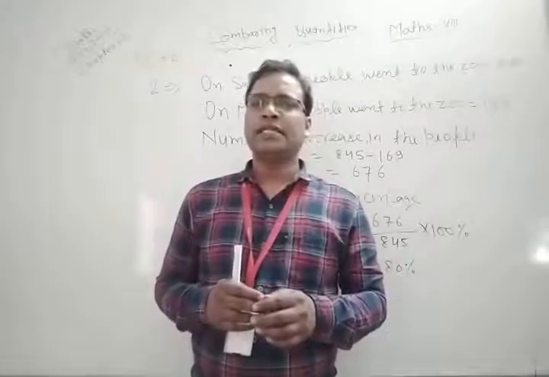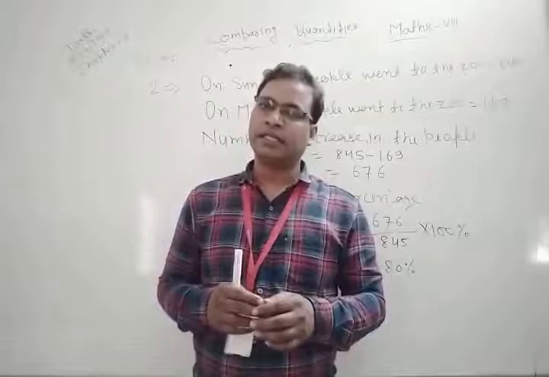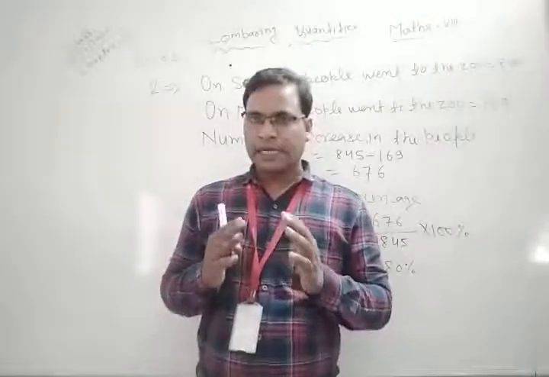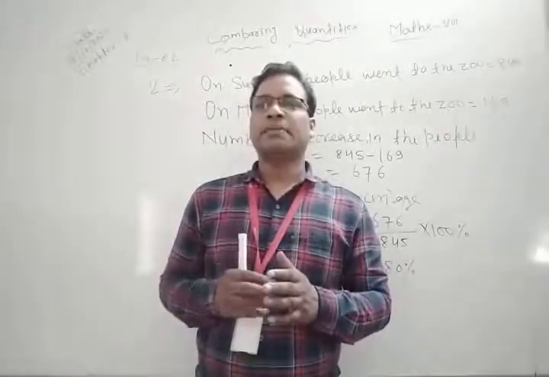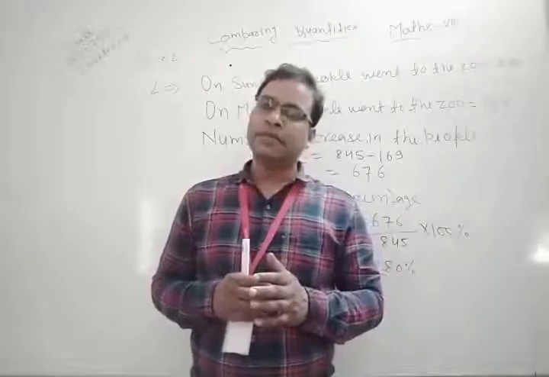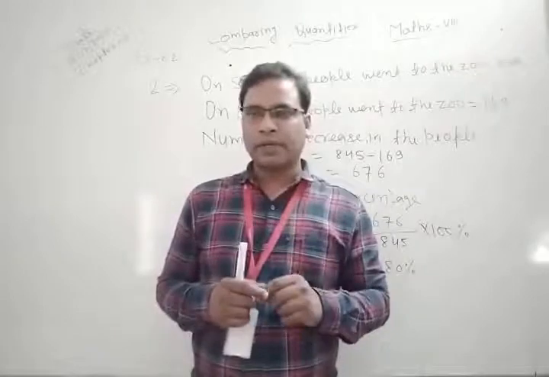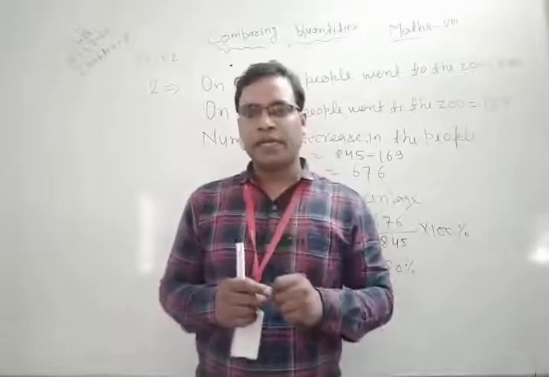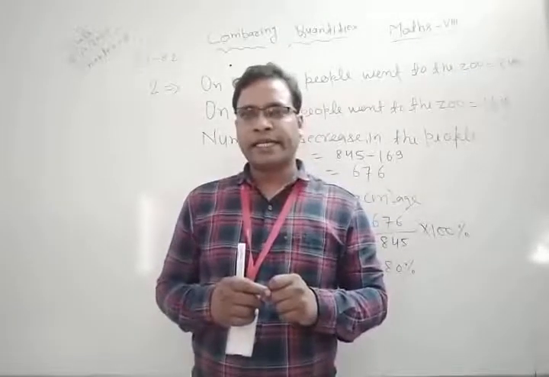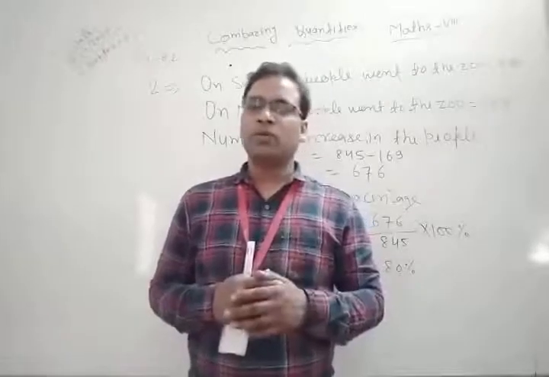Find the selling price of one article. So here the number of articles given is 80. The cost of 80 articles is given as 2,400. So we can find the cost of one article. If you divide 2,400 by 80, then you obtain the cost of one article.